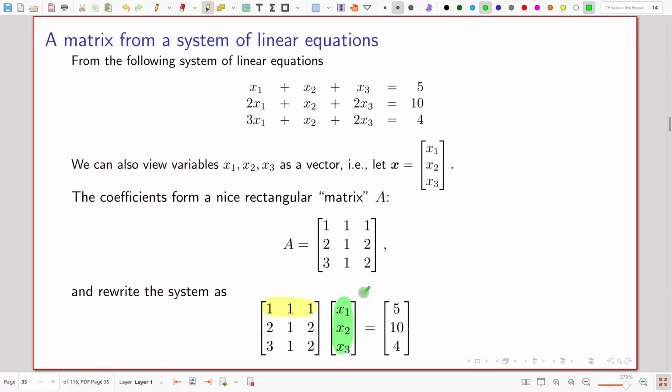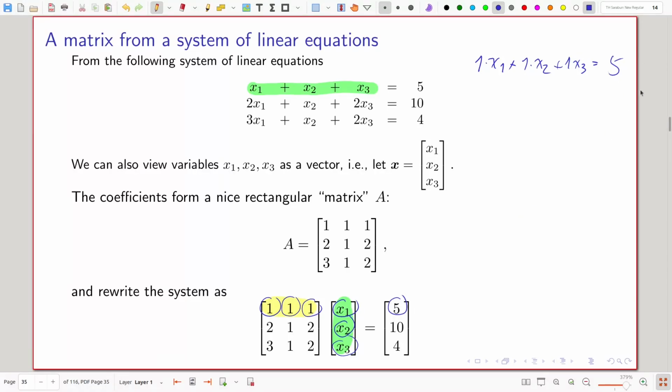When you do this, the first row multiplied with this column will give you 1 times x1, 1 times x2, 1 times x3 equal to 5. That's the first equation that we have. So you have 1 times x1 plus 1 times x2 plus 1 times x3 equals 5.